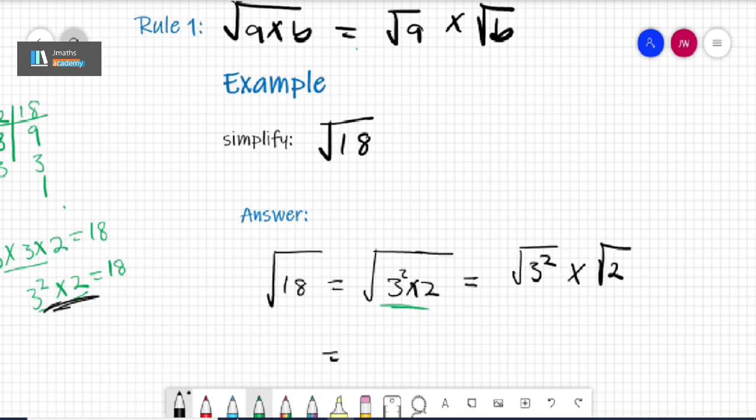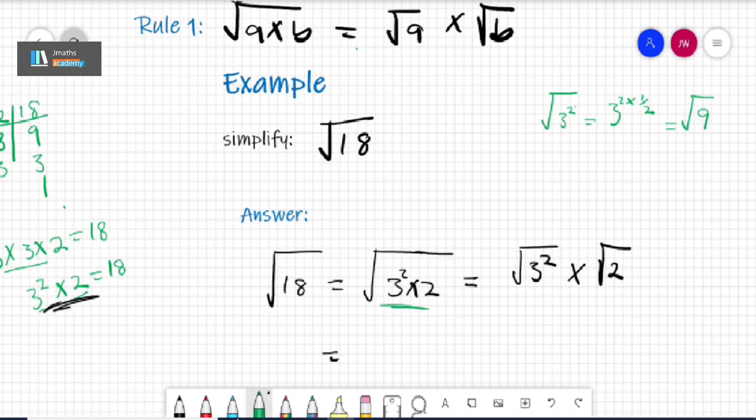Okay? So I just want to show you something. The square root of 3 raised to the power of 2 can be simplified as 3 raised to the power of 2 multiplied by half, or you can write it as the square root of 9, because 3 raised to the power of 2 is what? 9.